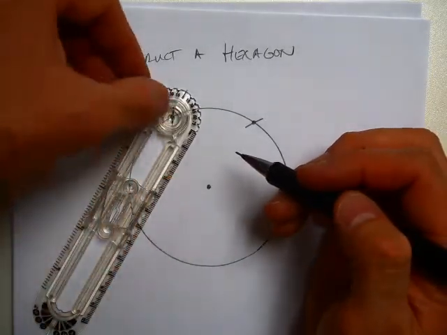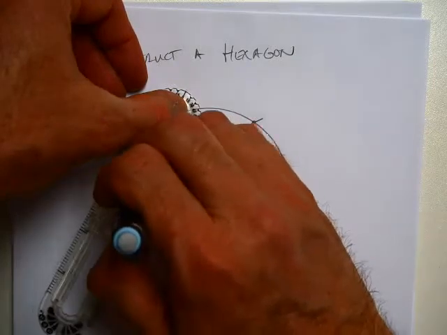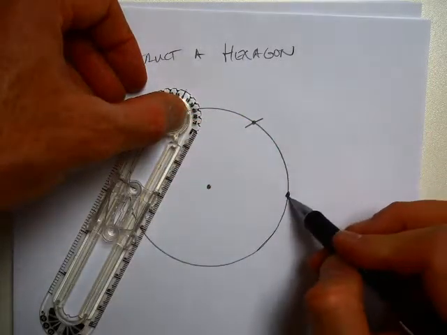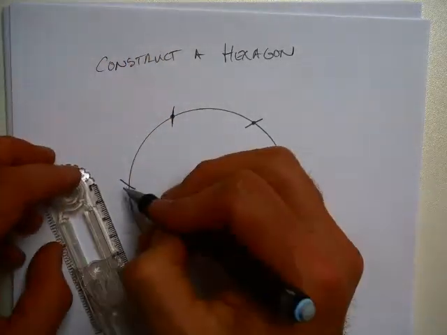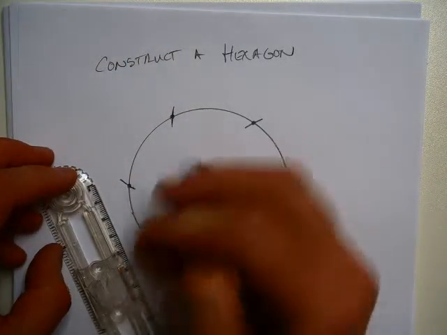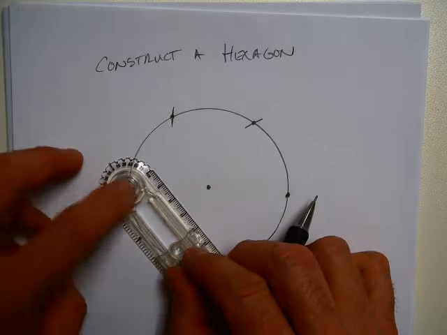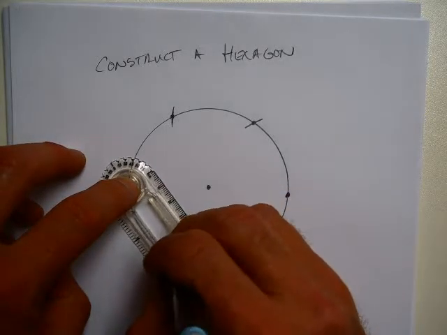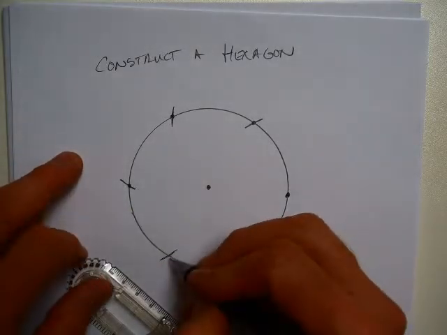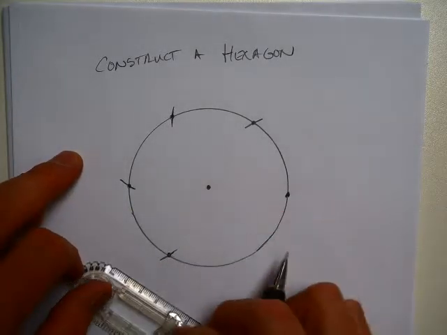And you may not end exactly, but you should come pretty close to ending on the point that you started on. Ideally, it would be exact, but not everything in our world is perfect. So we keep doing this.